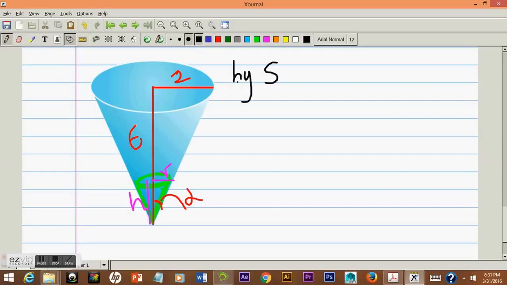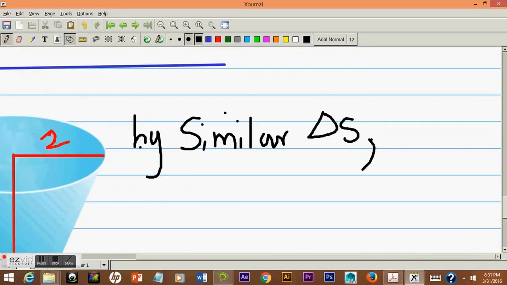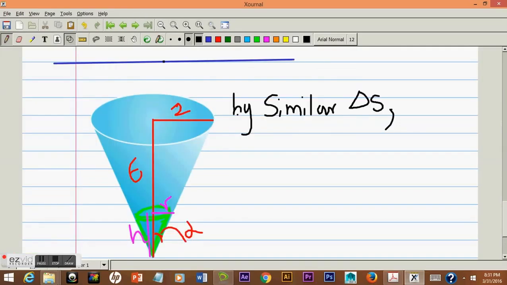So by similar triangles in the diagram, considering the two triangles, we can say r over 2 equals h over 6.